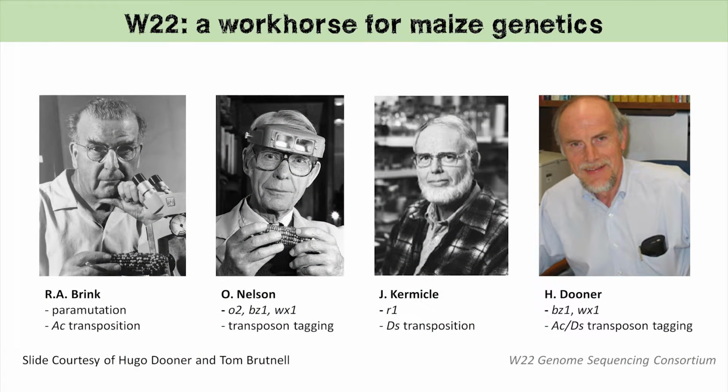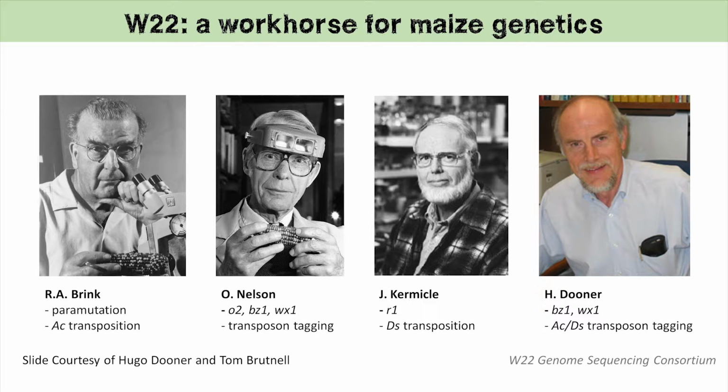I'll start with a little bit of a history lesson for W22. The name W comes from Wisconsin. This was a line developed at the Wisconsin Agricultural Experiment Station, and it was pioneered by R.A. Brink and used in his very early studies of paramutation.